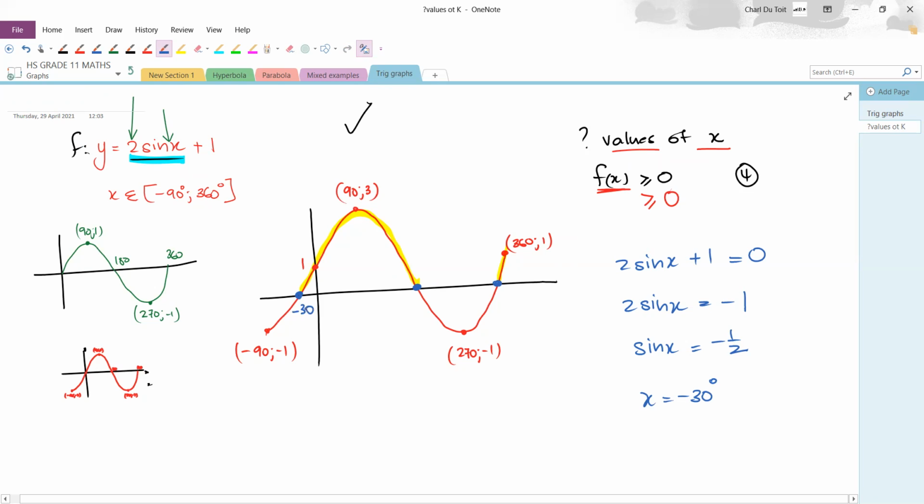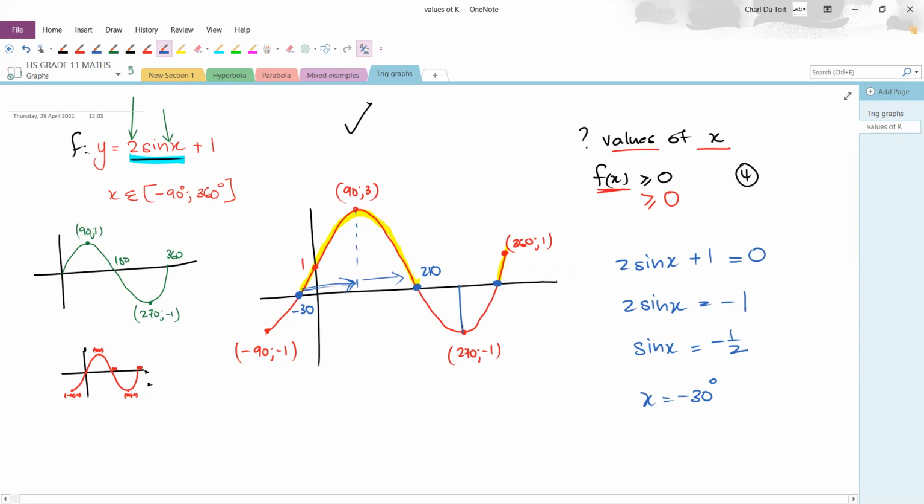-30. Okay, cool. Can anyone give me the next coordinate? It took 120 degrees to go right to 90 degrees. Can you see that? Yes, sir. So another 120 degrees to the right will give me 210.